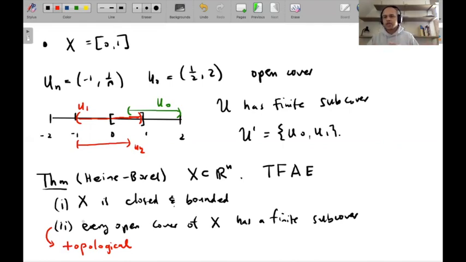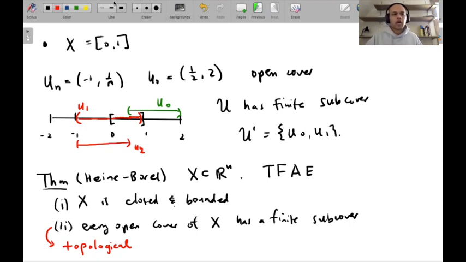Since the preimage of open is open, it's a bijection. So any property that you can state in terms of open sets is a topological property. And so part of the content of this theorem is that being closed and bounded is a topological property.